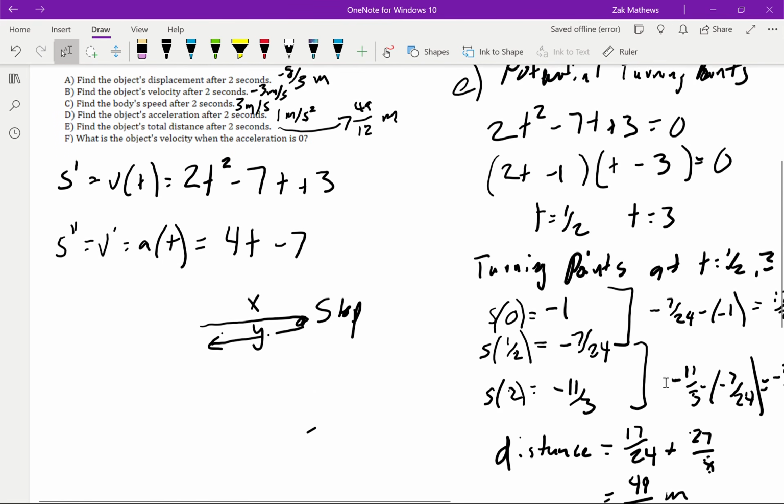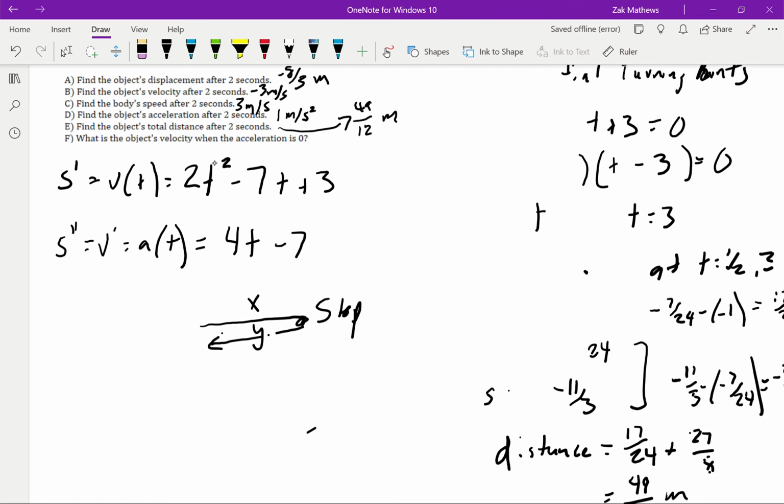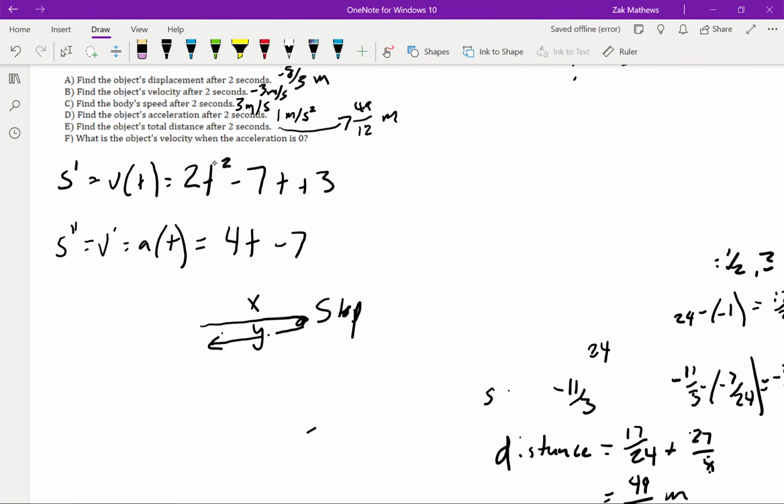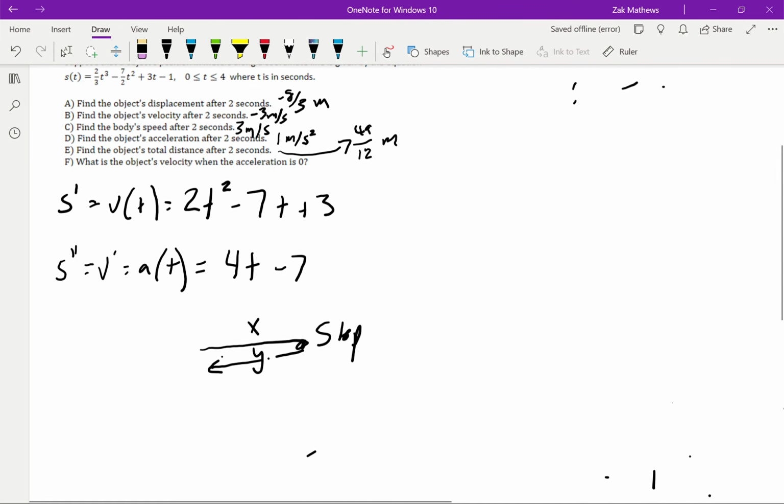All right, finally, what is the object's velocity when the acceleration is equal to 0? Let's clear a little bit of room here. We want to know the velocity, but we are not given a time here. We have to determine that time. The time we want to be using is when the acceleration is equal to 0.